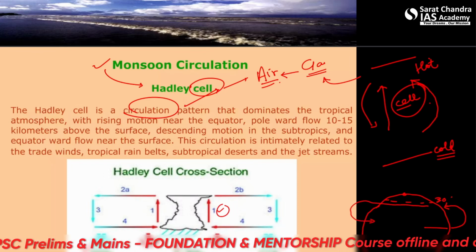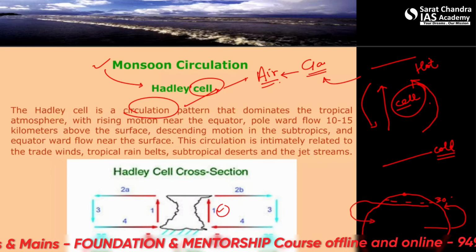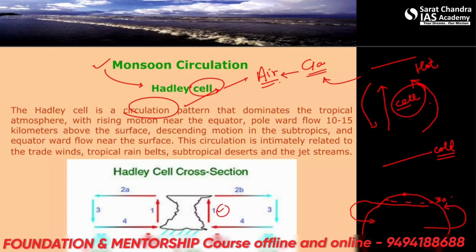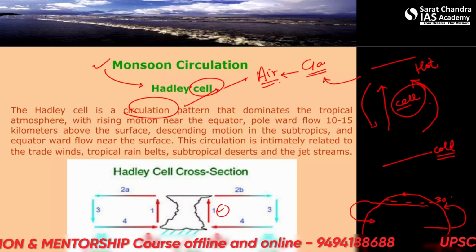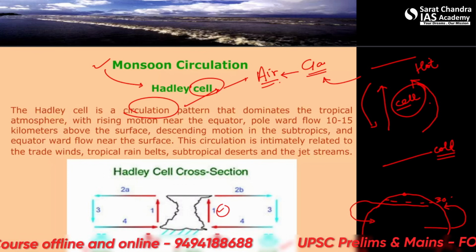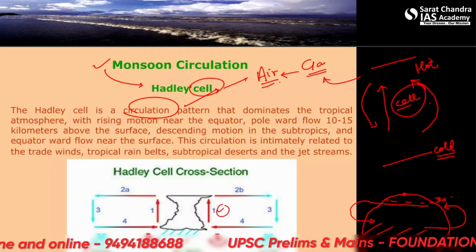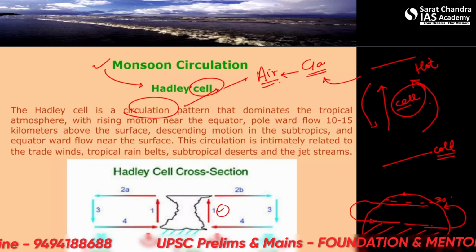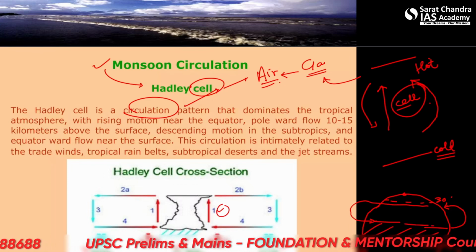Alright, so this sort of movement is there. And same when we see towards the south. So air is rising, and coming down like this. Okay, so on this portion where the hot air rises, this creates a low pressure zone.